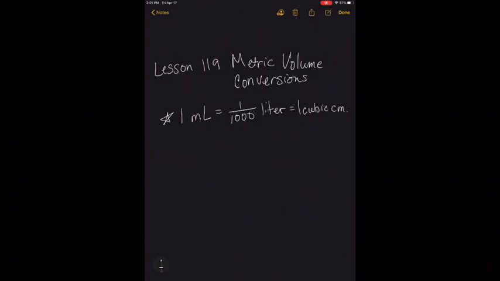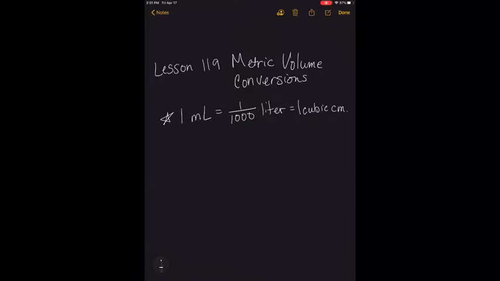Okay, so metric volume conversions are very similar. The only tricky thing that you guys haven't learned yet is this information right here, and you need to write it down in your notes. I don't believe I put it into your notes this year, which I had a note for myself to do, so hopefully I did, but if I didn't, it's extremely important that you add this in.